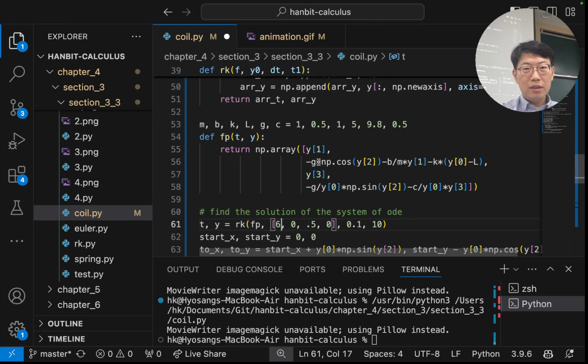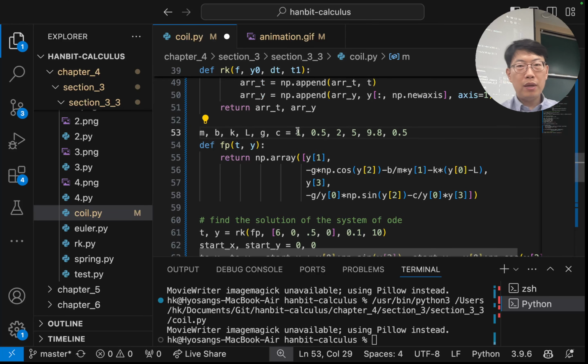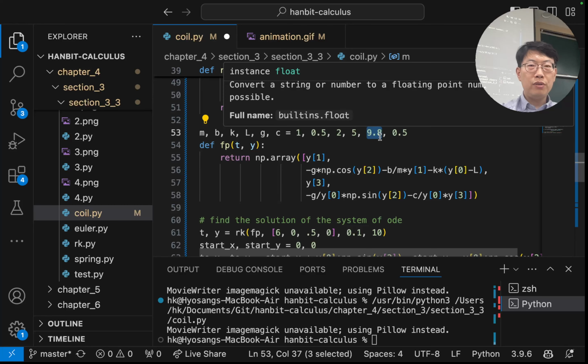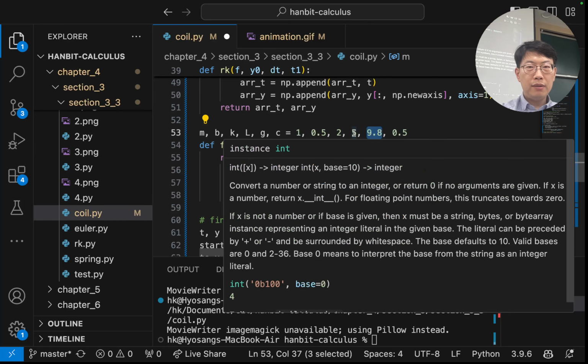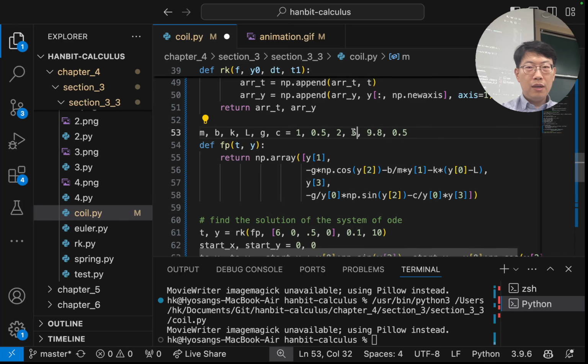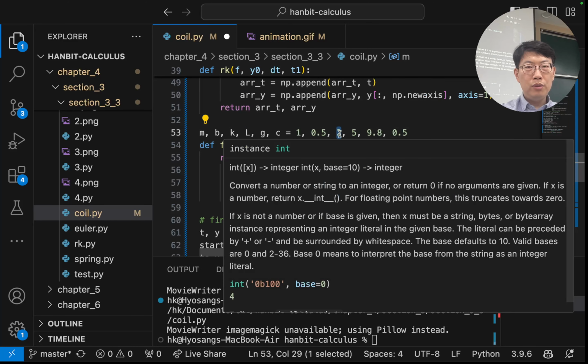So I'll put it as 6, a little bit stretched, and K, I want to make K a little bit bigger so that it doesn't oscillate too much. Also it could be a problem of the gravitational force. I put G as the actual value, but this 5 is in meters and this 2 is in Newtons per meter.